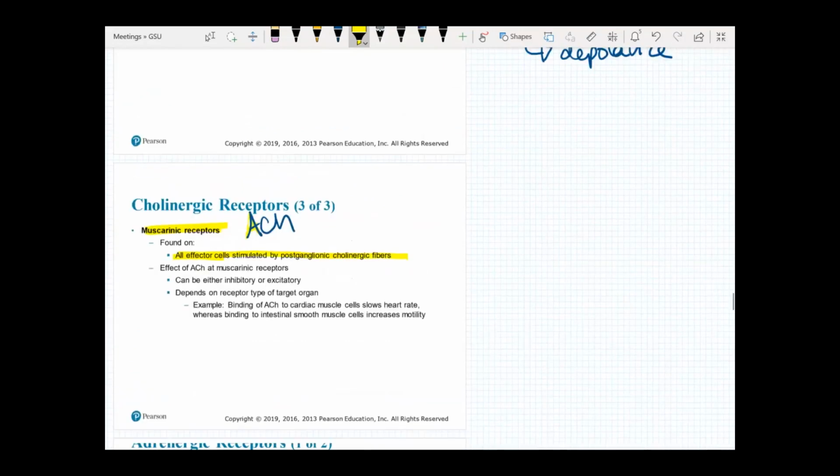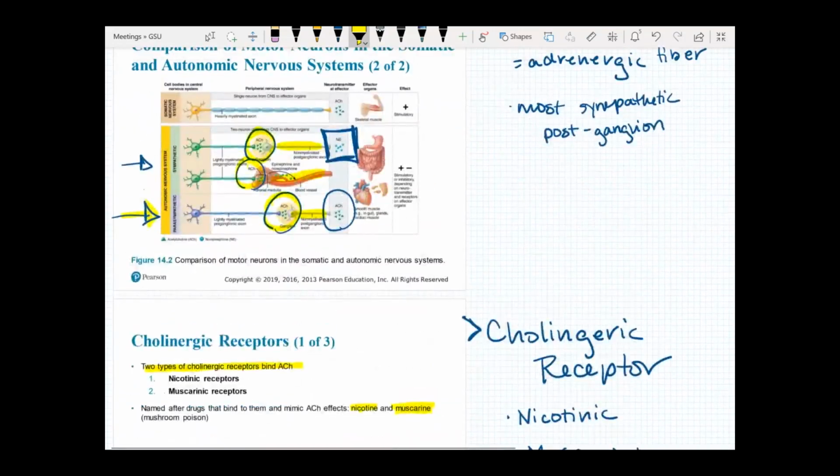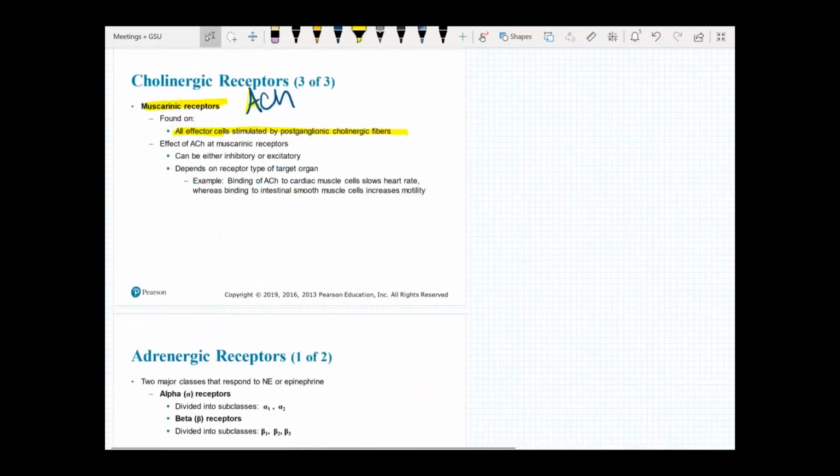Those are found on this guy, because this is the postganglionic fiber that is releasing ACH, so it is the effector organ here that is receiving it. The only place you're going to find the muscarinic receptor is on the postganglionic effector cell.